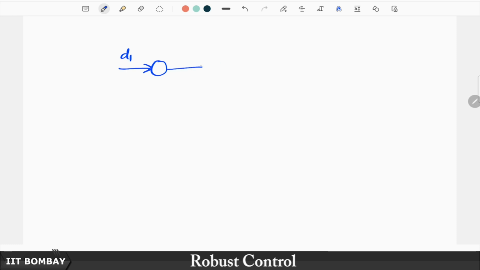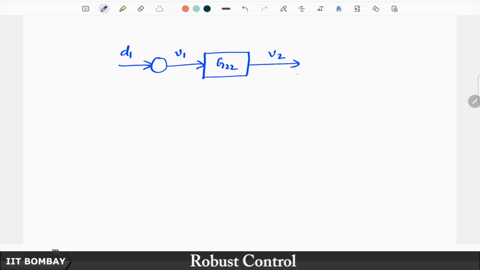So, we showed you that we cooked up this artificial system studying whose input output stability is tantamount to studying the internal stability of the original system. That was our goal throughout. Okay.